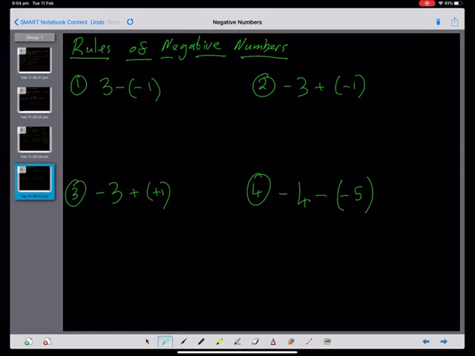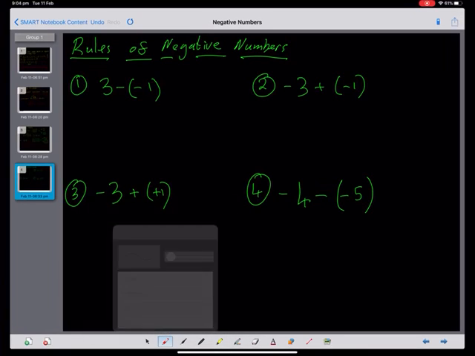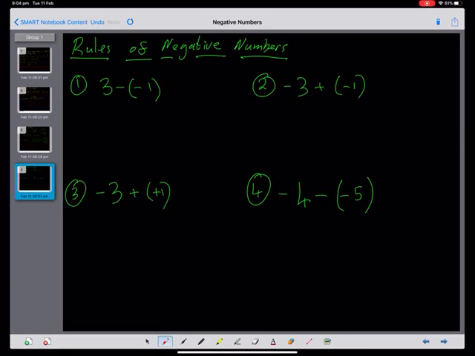Okay, so hopefully you've done these, and hopefully you can see that a negative multiplied by a negative is a positive. So we can rewrite this. So this now becomes 3 plus 1, which is 4. Okay, so we got a positive multiplied by a negative.